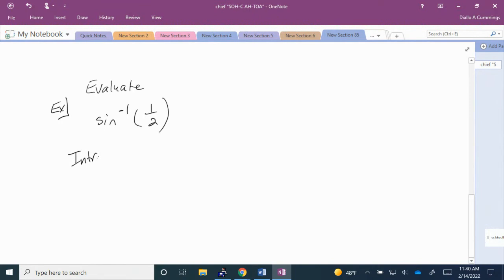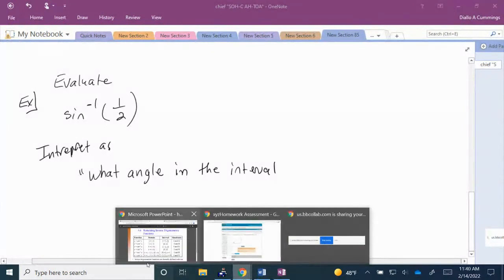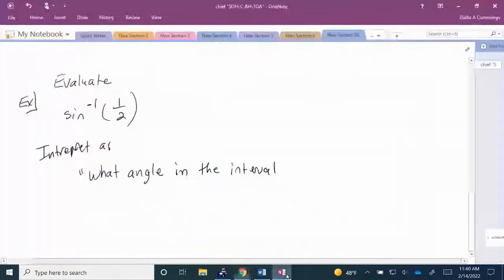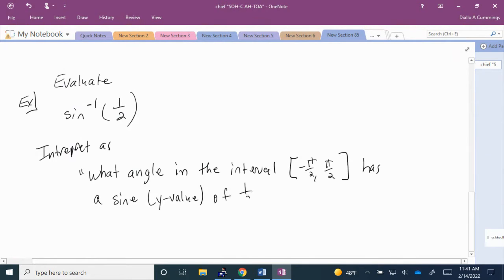We're going to interpret this as: what angle, because the answer to an arc function is an angle measure, in the interval, and if I go back to our sheet, the arc sine is in the interval from negative pi over 2 to pi over 2, has a sine, and remember that the sine is the y value, of 1/2?